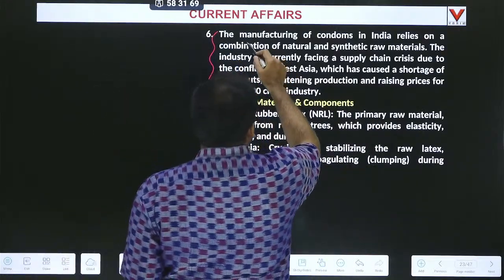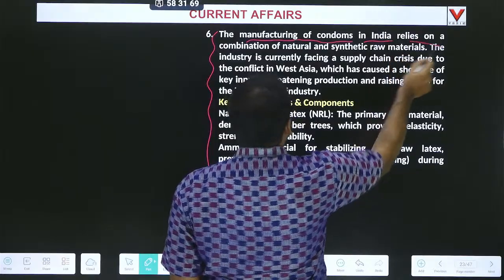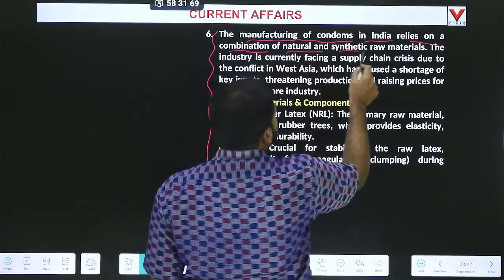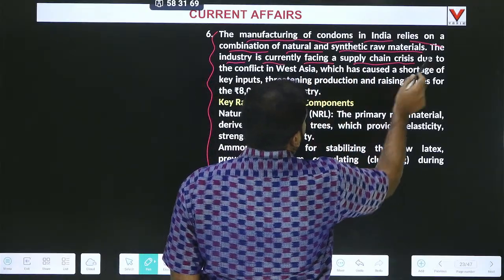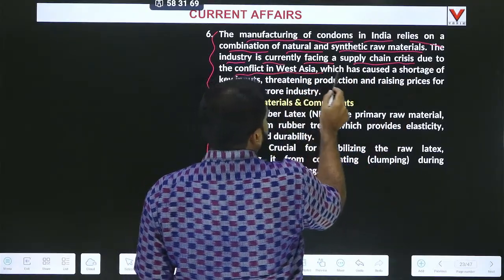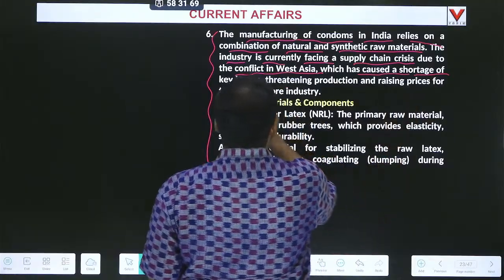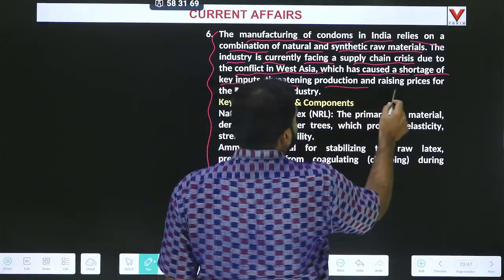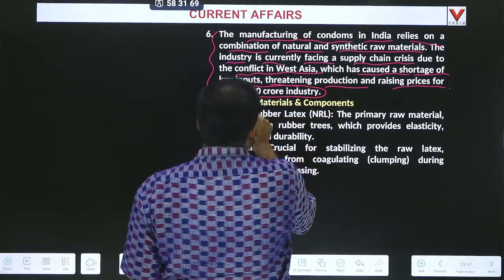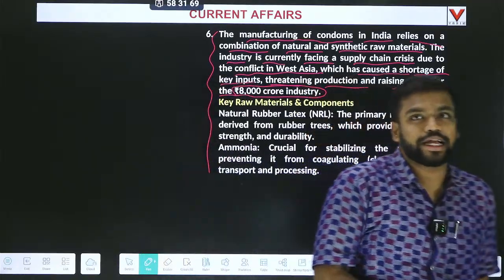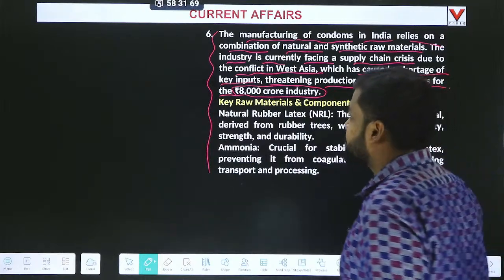See, the manufacturing of condoms in India relies on a combination of natural and synthetic raw materials. The industry is currently facing a supply chain crisis due to the conflict in West Asia, which has caused a shortage of key inputs, threatening production and raising prices for the 8,000 crore industry. The condom industry in India is 8,000 crore, right? The contraceptive industry.